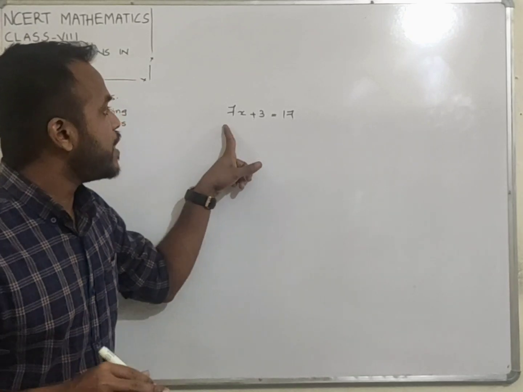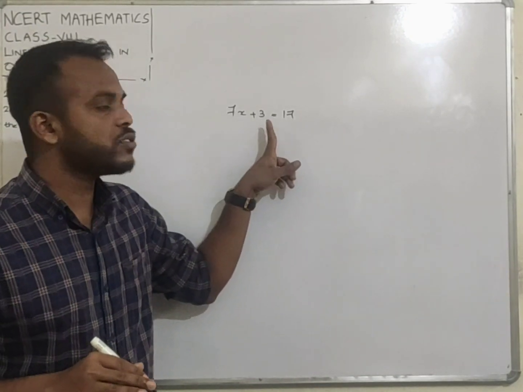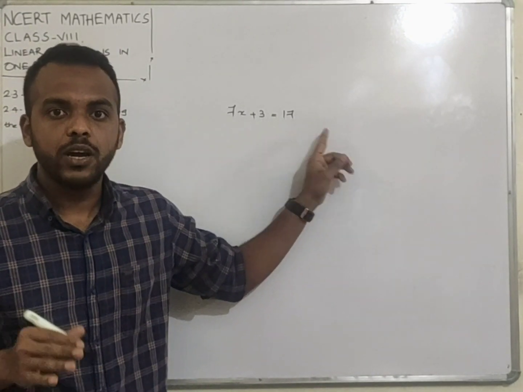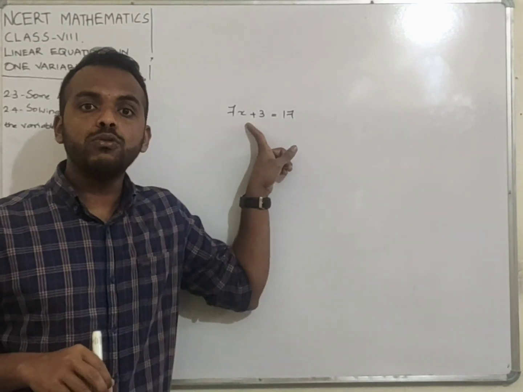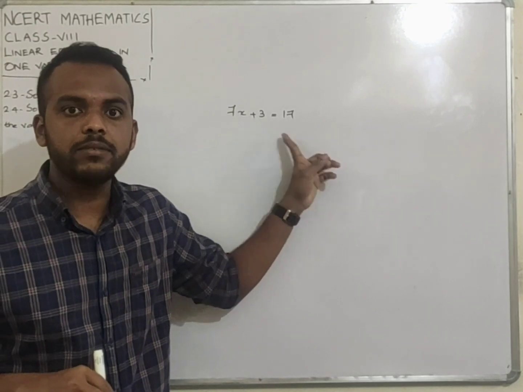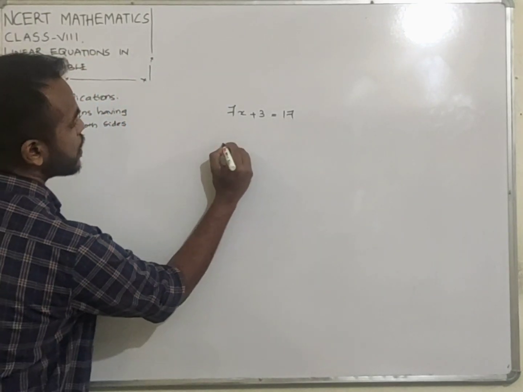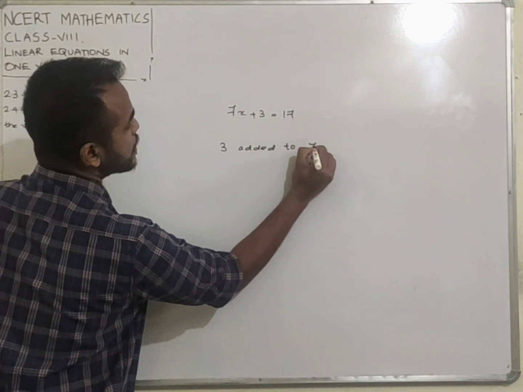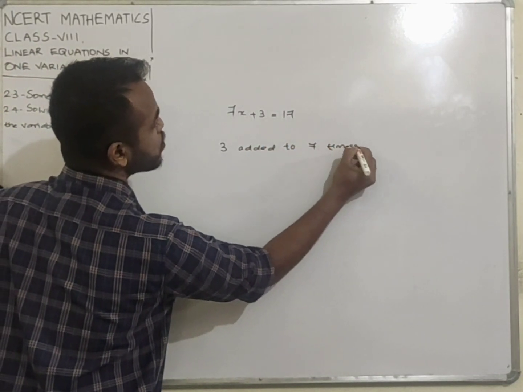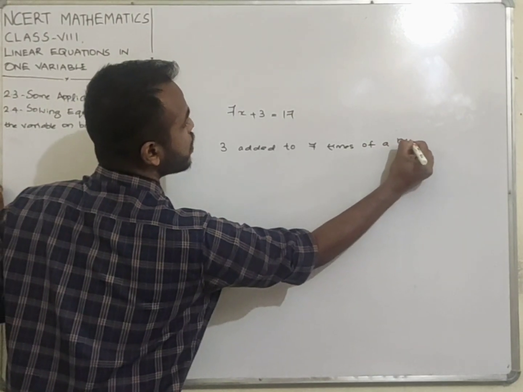This means 7 times a number plus 3 gives 17, or in other words, 3 added to 7 times a number gives 17.